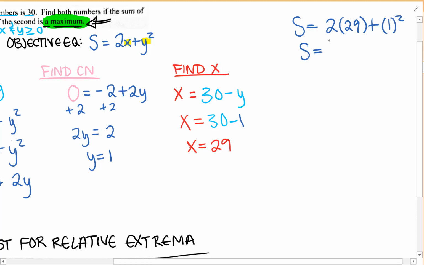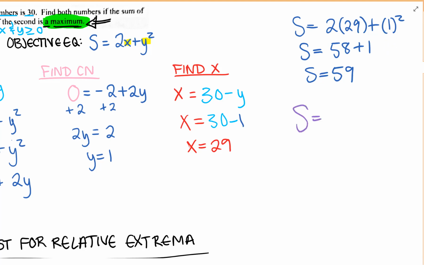Will this be a maximum? It doesn't make sense that that would be a maximum. Why would we put the smallest number, a tiny number, to be squared if we're looking for a maximum sum? Wouldn't these numbers need to switch places in order for our sum to be a maximum?